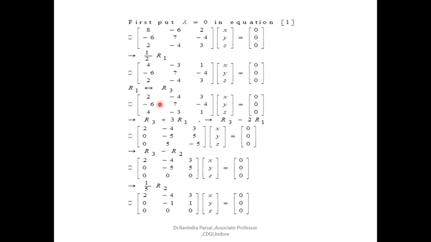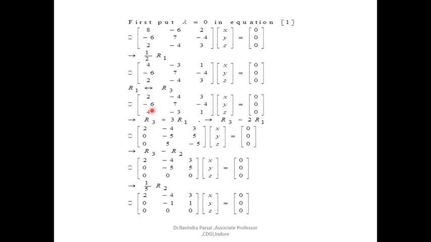Now our next job is to interchange R1 with R3, so that the number 2 is available in the first row. The last row is shifted to the first row, giving 2, -4, 3, the second row stays as it is, and the third row is replaced by 4, -3, 1.